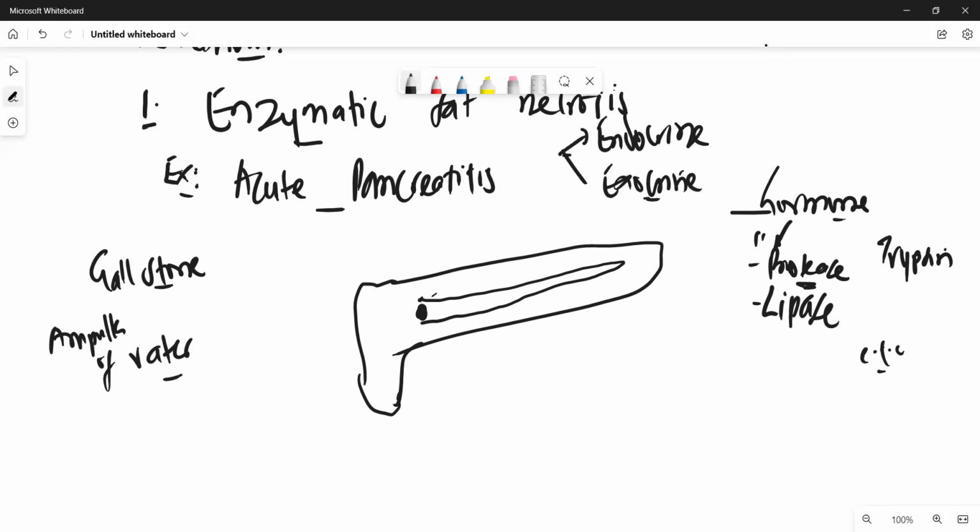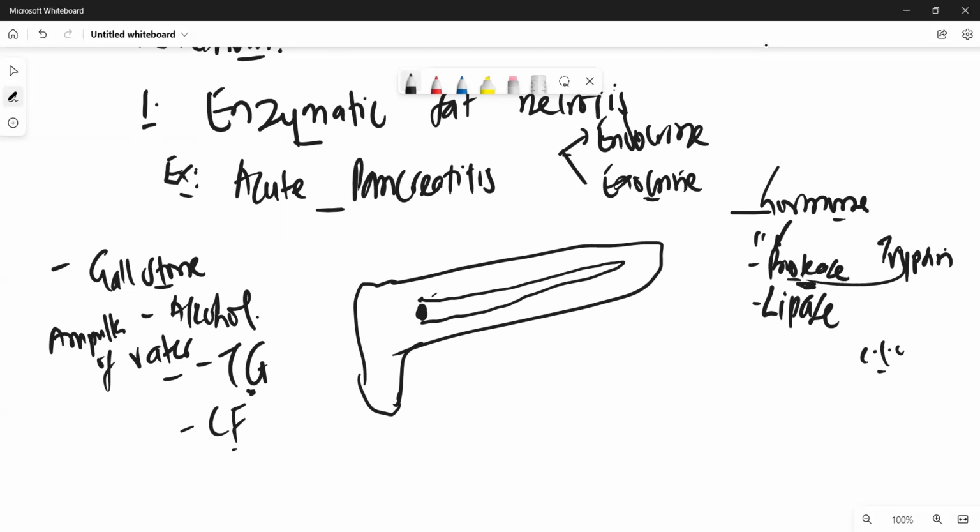So maybe from a gallstone, or if somebody is drinking a lot of alcohol, or has too much triglyceride, or in the case of cystic fibrosis, all of this could thicken the secretion and it can become blocked. If it becomes blocked, these enzymes will become activated.